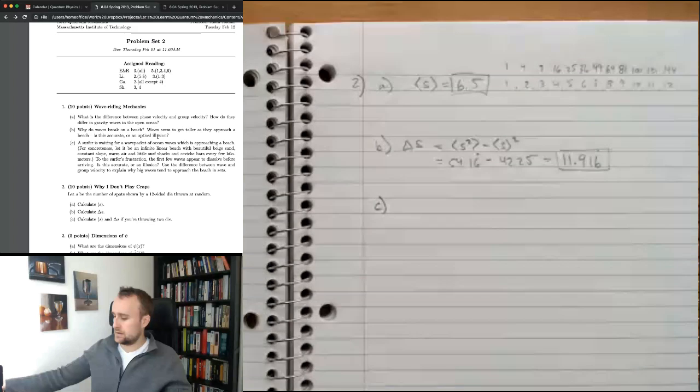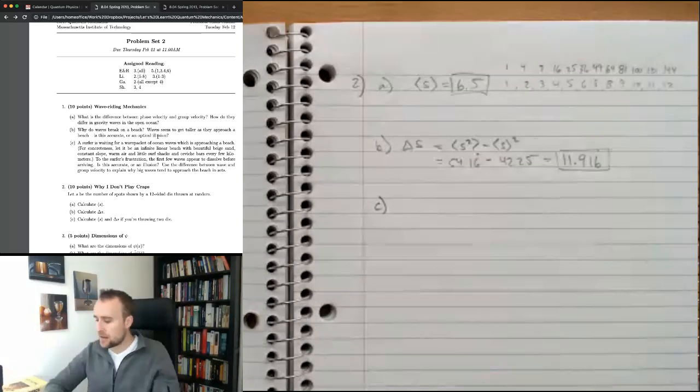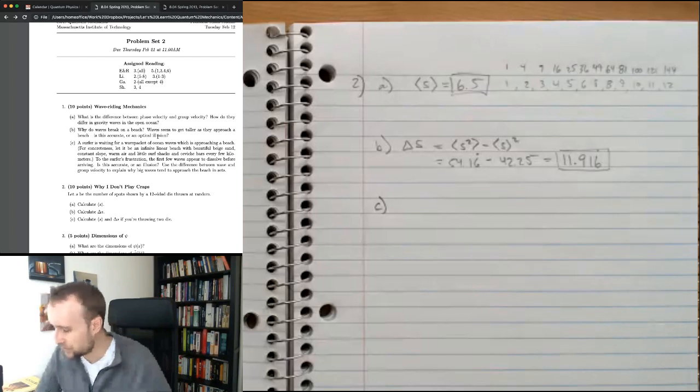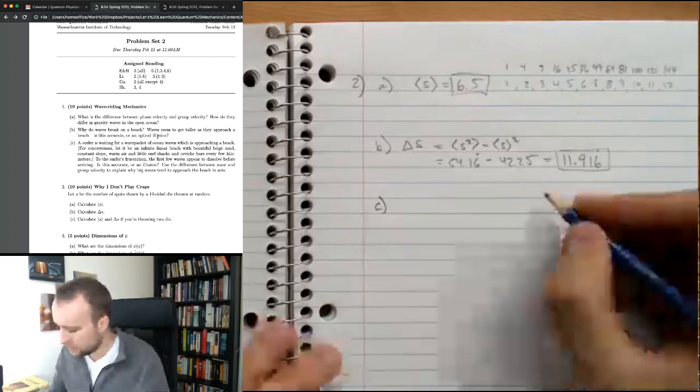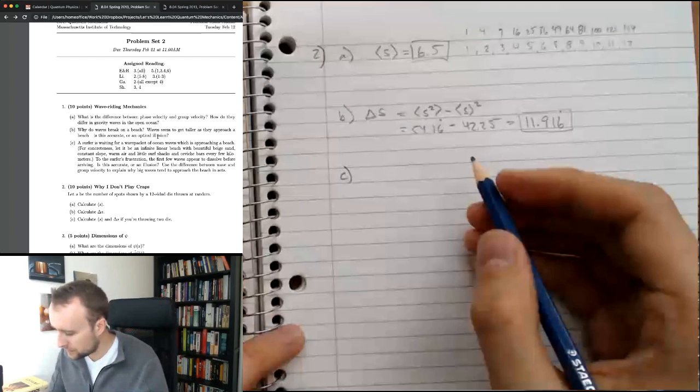Where is it? Expected value is going to be, maybe I'll just write it all on a line right here. It's a little annoying that these are 12-sided dice.